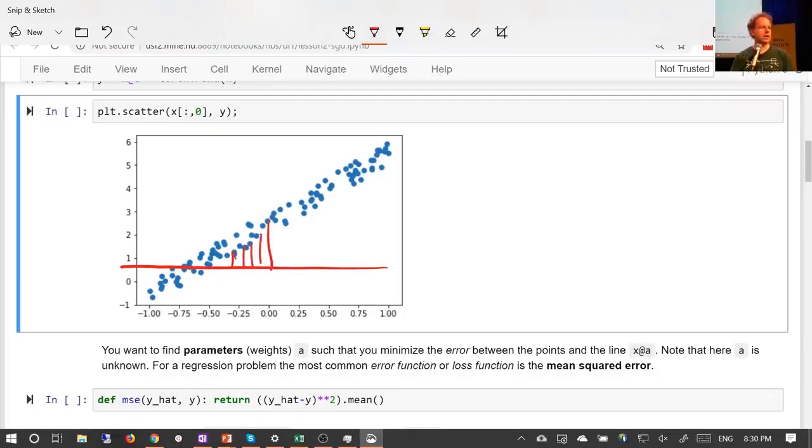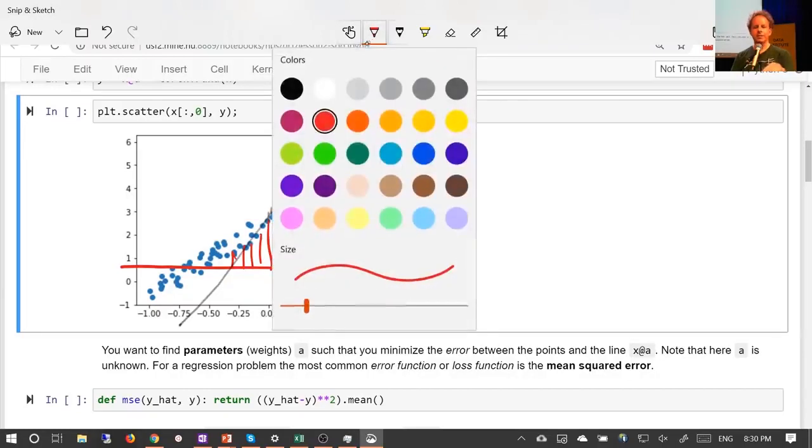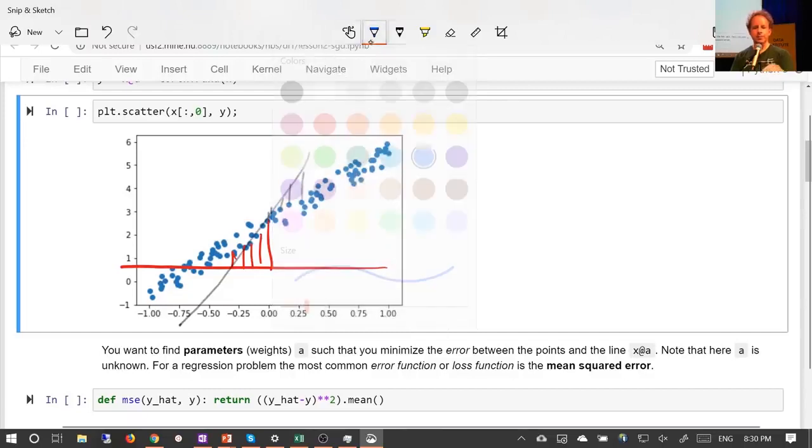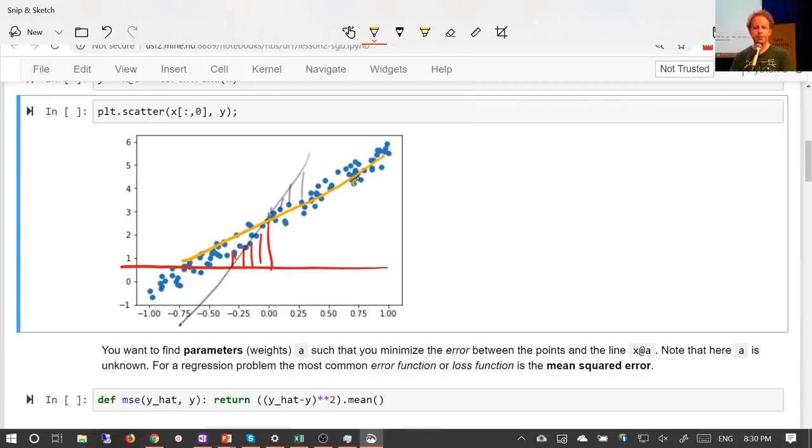And we'd say, oh, that's quite a long way. And so maybe there was some other A1 or A2 which resulted in this line. And then we'd say, how far away is each of those points? And then eventually we come up with this line, and in this case, each of those is actually very close. So you can see how in each case we can say how far away the line at each spot is from its point, and then we can take the average of all those, and that's called the loss. That is the value of our loss.